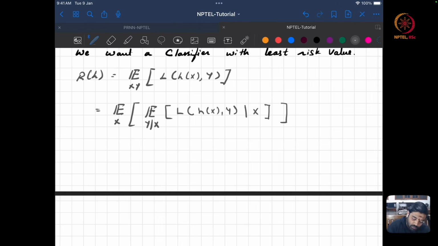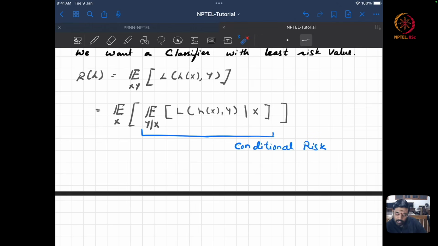Okay, so now this is what is known as the conditional risk. You can easily see from here that this conditional risk is dependent on my hypothesis function.